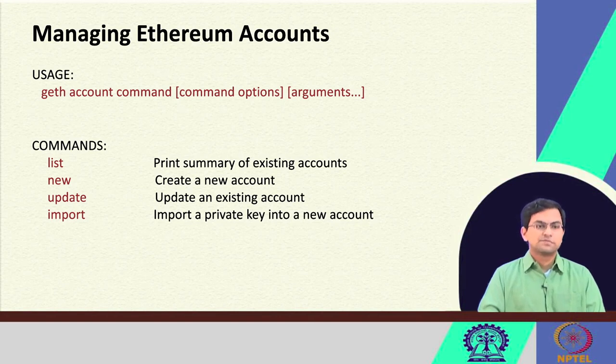Each account in the Go Ethereum client is password protected, and whenever you create a new account, it will ask you to provide a new password. Once you provide that password, it will save that account in your wallet. The Go Ethereum client will handle its own wallet, and it will keep all your accounts and their keys, basically public keys and private keys, there.